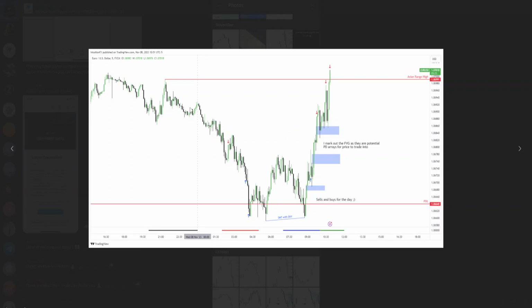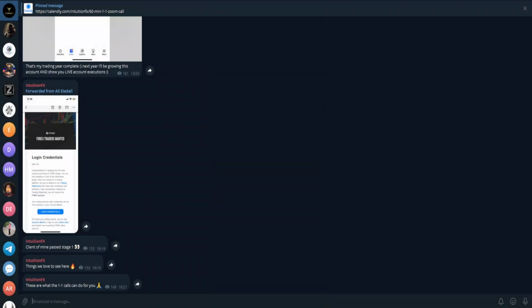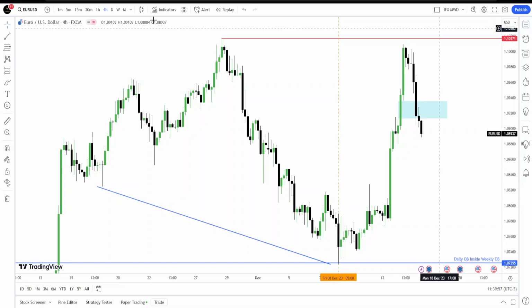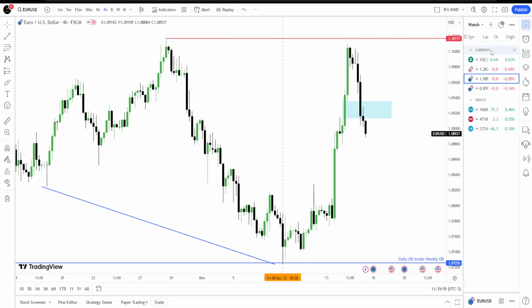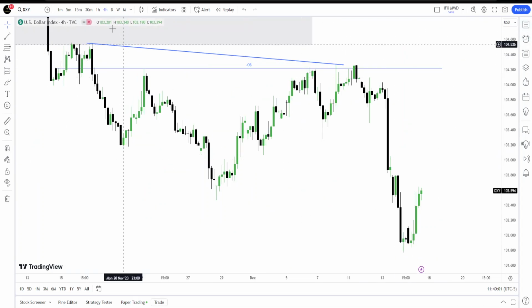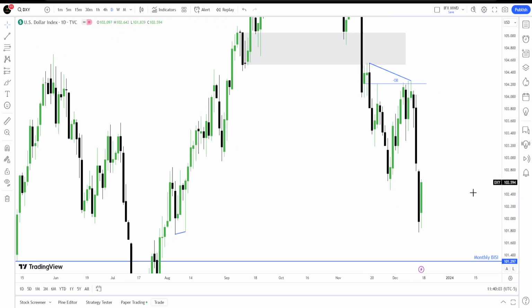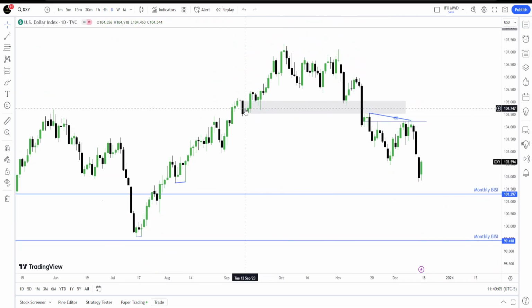Now, if you know what a reclaimed block is, which I spoke about on the dollar, let me just pull a dollar chart out. Yeah, there you go. A reclaimed block.